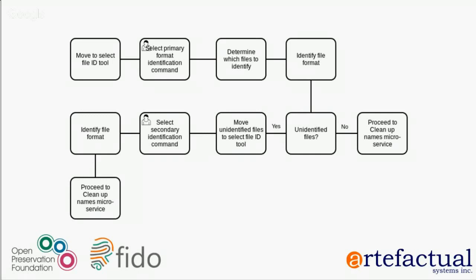It's going to mean that the tool output for further microservices like validation and characterization may not be as rich, but at least you've gotten a start, and you could maybe store the files away until such a time that they've been added to a PRONOM signature release and run the files again.